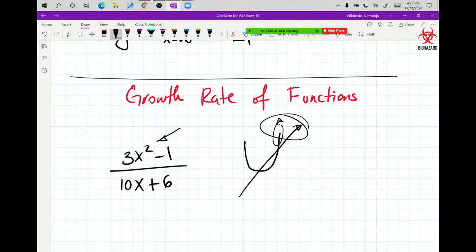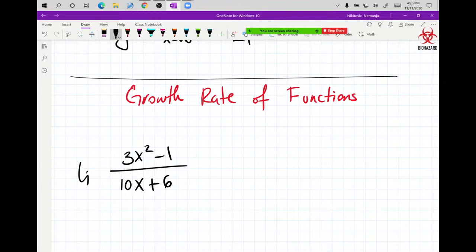So it's going to win in the long run. And this is why you can call the limit here as x goes to infinity to be infinity immediately, because the top is growing much faster than the bottom. The function in the numerator grows much faster than the function in the denominator. It takes a very long time to say that, other than the top grows faster than the bottom, right?